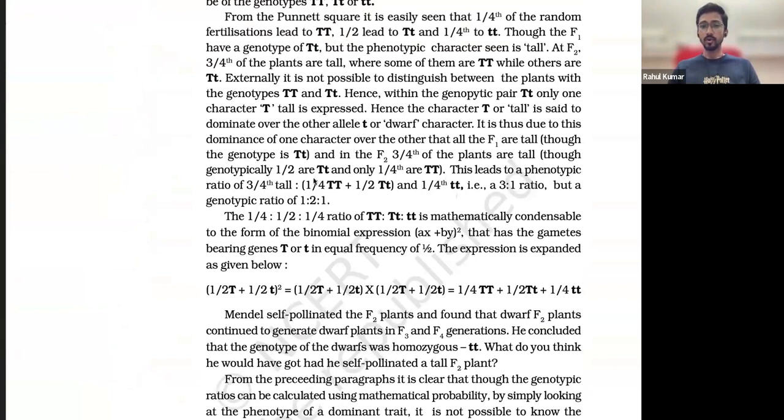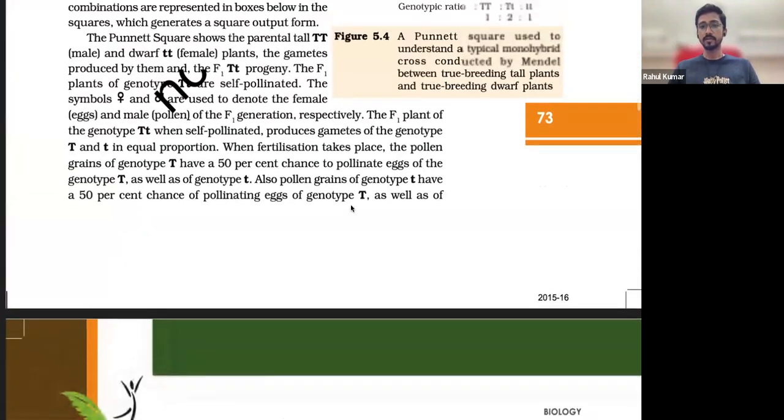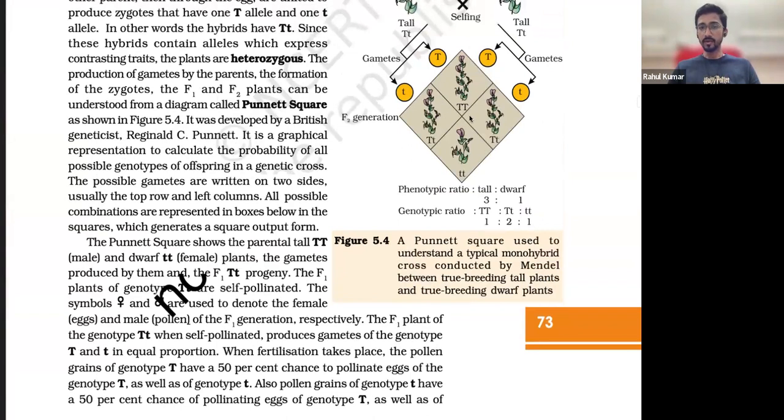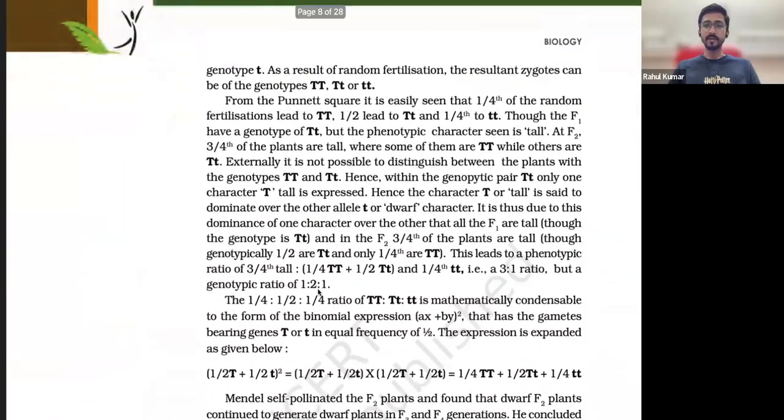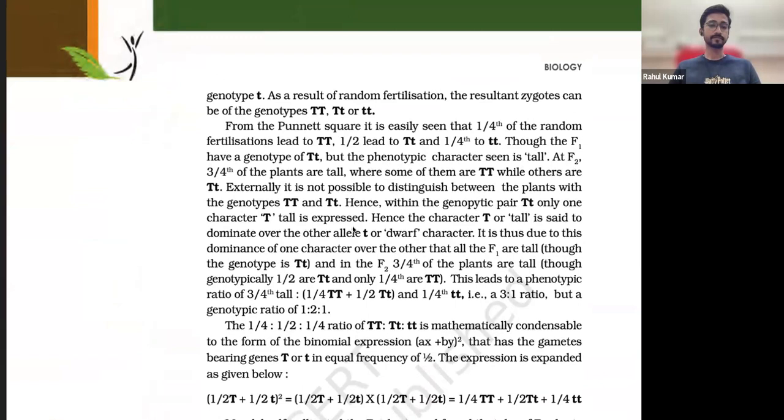So the tall will be capital T, small t, and the dwarf will be small t, as 3:1. But the genotypic ratio will be 1:2:1, because one will be tall with genotype capital T, two will be tall with genotype capital T, small t, and one will be dwarf with genotype small t. So is this paragraph still difficult for anyone?